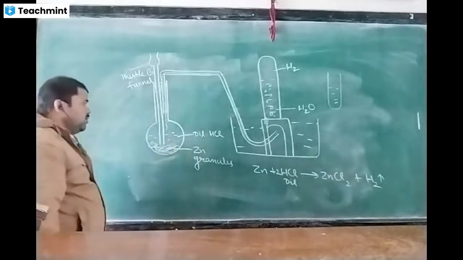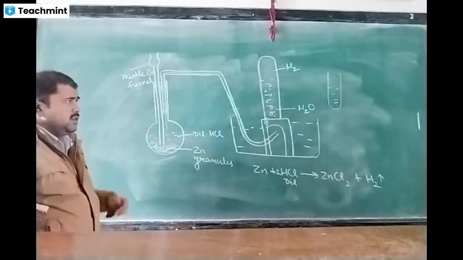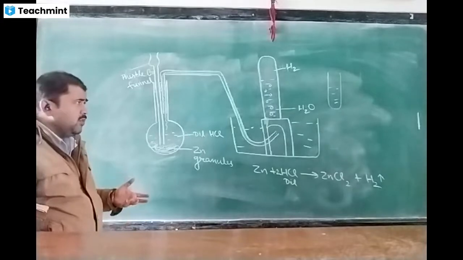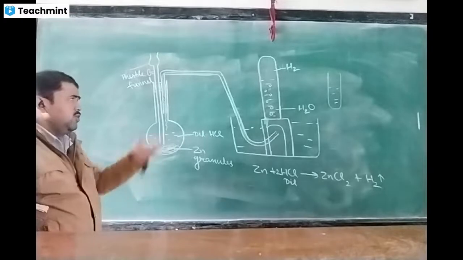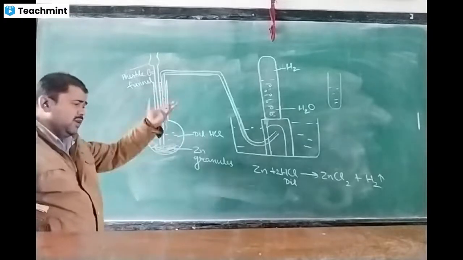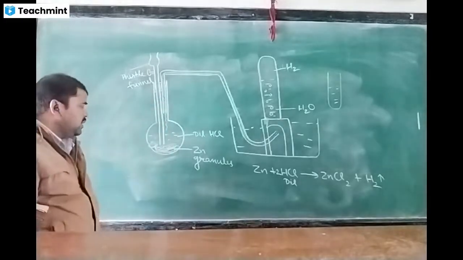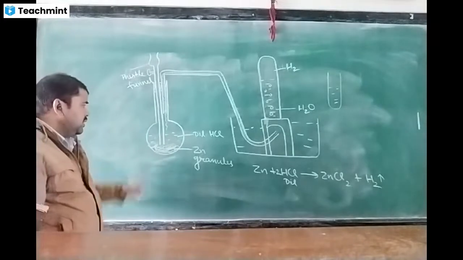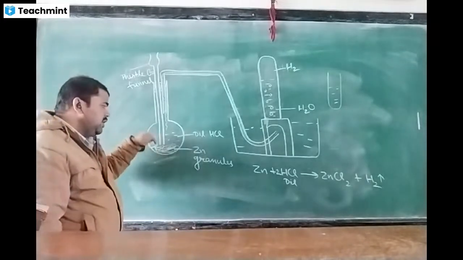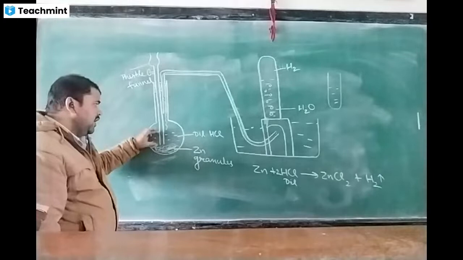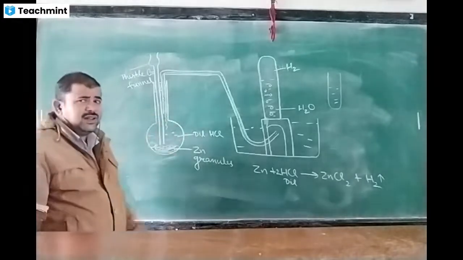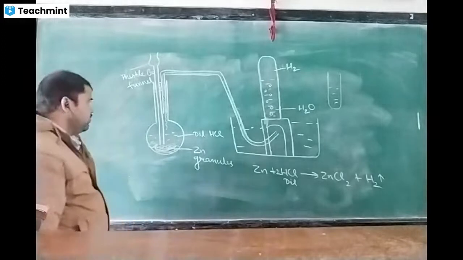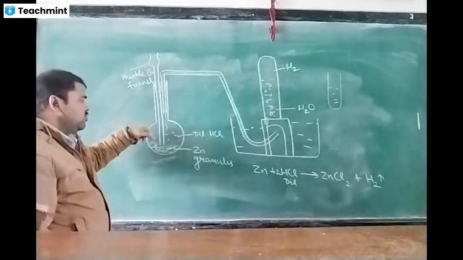This is the problem. It creates an error in the amount of hydrogen. We cannot get the correct amount of hydrogen in the inverted tube, in the empty place of the tube. That's why the thistle funnel end should be deep in the acid.